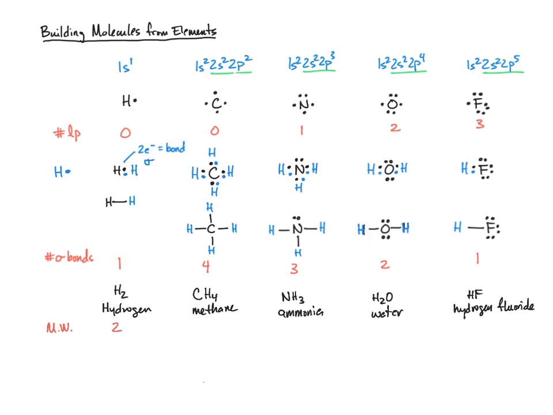Methane, carbon is 12, plus 4 is 16 grams per mole. Ammonia, nitrogen's 14, plus 3, that's 17. Water, oxygen is 16, plus 2, so that's 18. HF, fluorine is 19 plus 1, so that's 20.